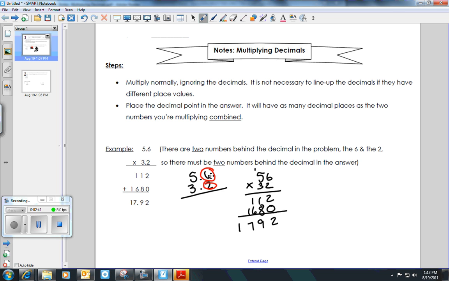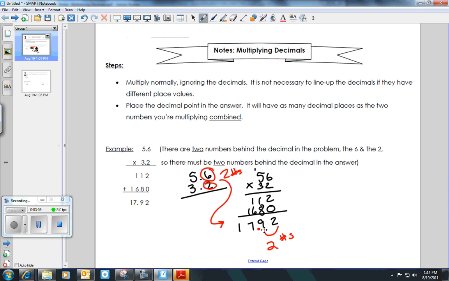So I have to make sure that there's two numbers on the right side of the decimal in my answer. So I'm going to put my decimal right here. Okay, there's two numbers up here, and there are two numbers down here. That's the little symbol for number right there, if you didn't know that.